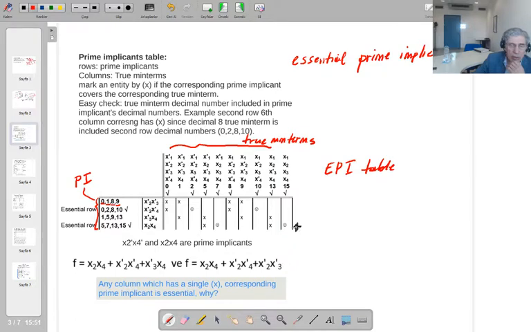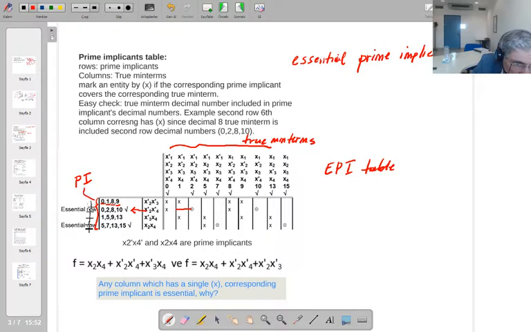What is this step? If there is a column in which there is only one mark, then put a circle around it. So here you are. In this column here, we've got only one mark. We are going to put that mark in a circle. The meaning is this: the row corresponding to this circled mark is an essential prime implicant.